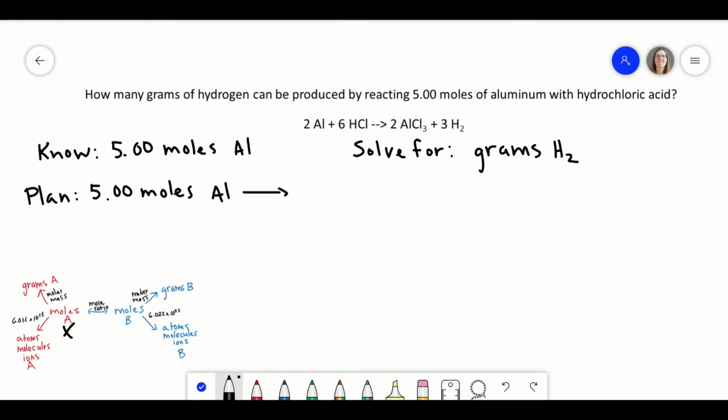Since we're interested in hydrogen, H2, it makes sense to go to moles of that substance. So our next step will be moles of H2. And to do that conversion, we use the conversion factor known as the mole ratio.